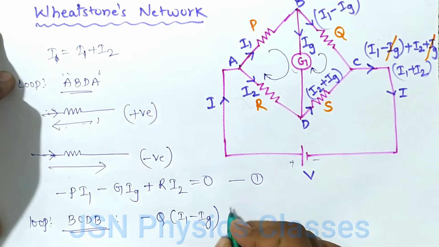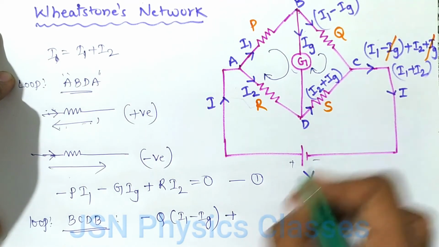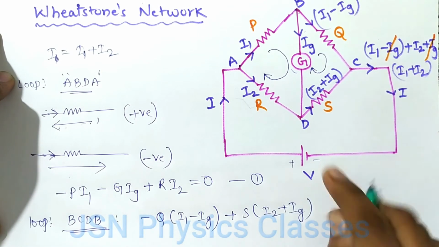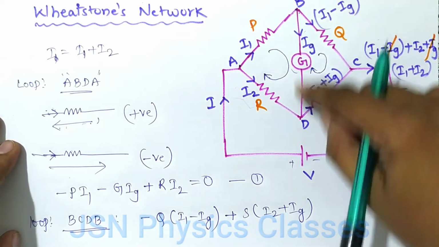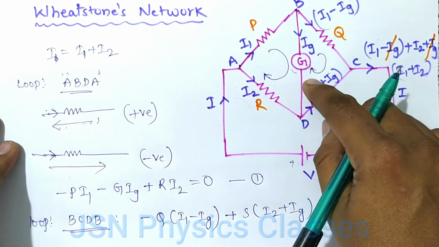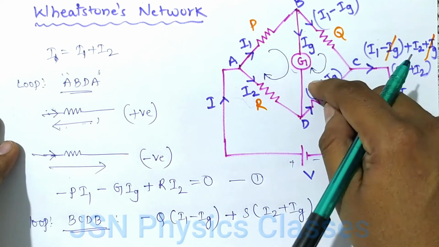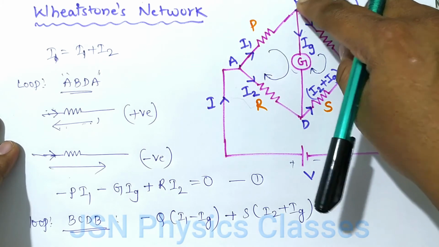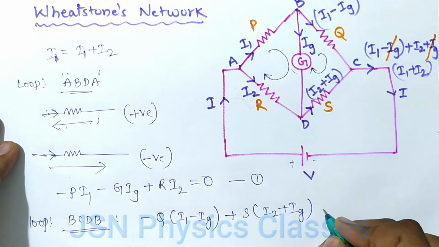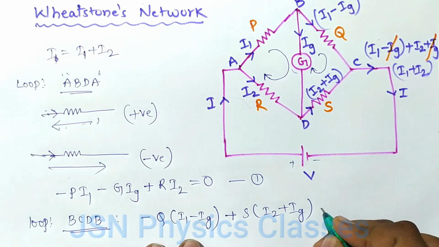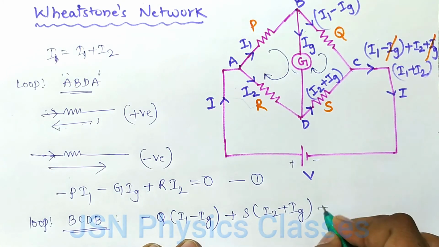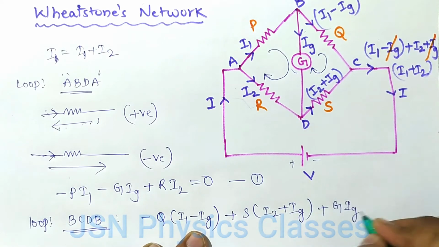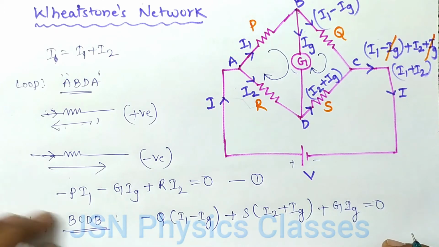So take it as plus, this is S into (I2 plus Ig). Now D to B, see, loop direction is moving from D to B, but galvanometer current is moving from B to D, so again opposite, so it is again plus, so plus G into Ig is equal to 0.